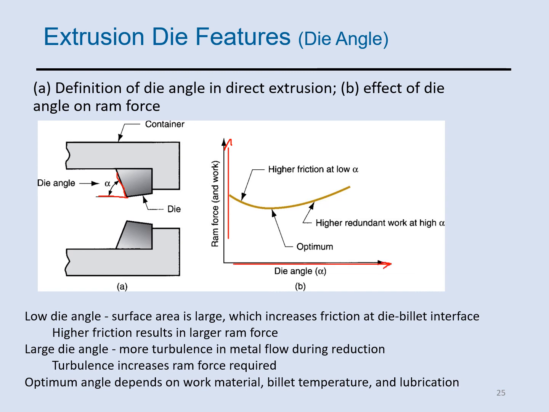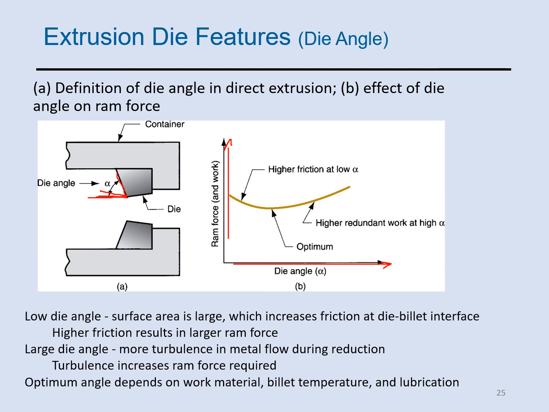If we have a low die angle, for example like this shape, then it increases the friction at the die-billet interface.